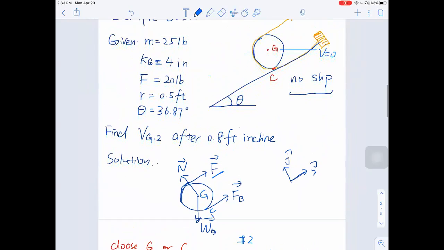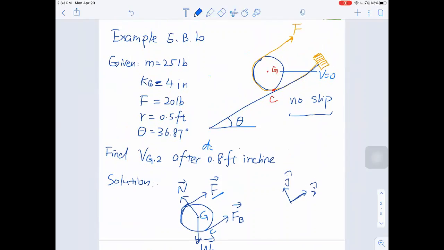If we see we travel this distance d, this is d equals 0.8 feet. Anybody would know the answer?